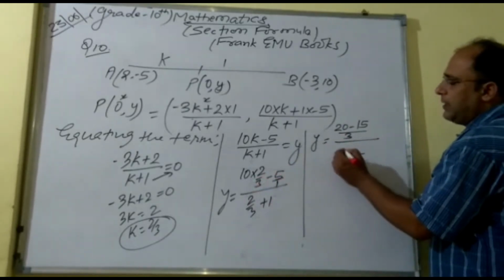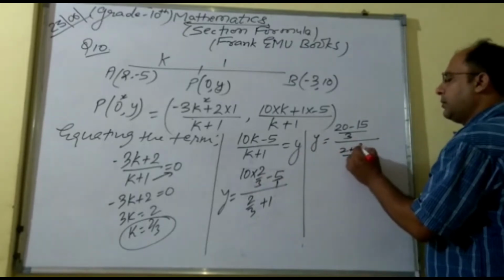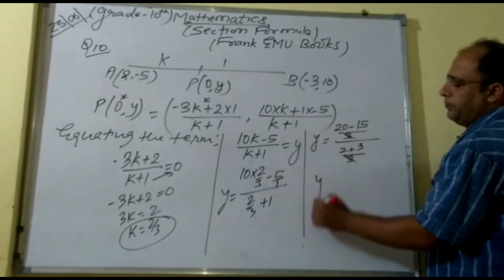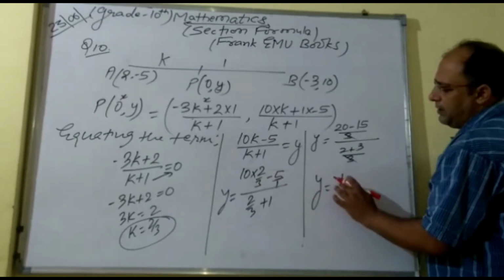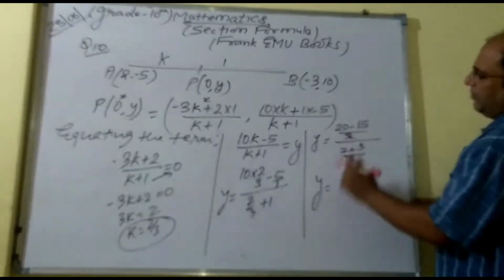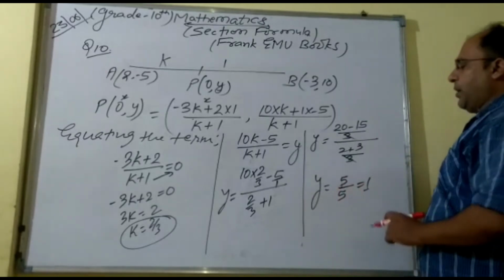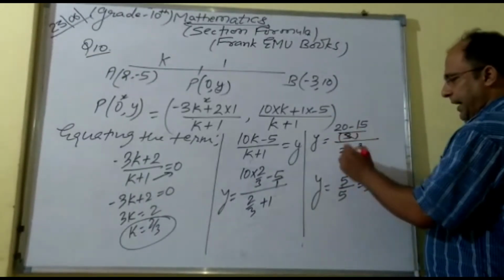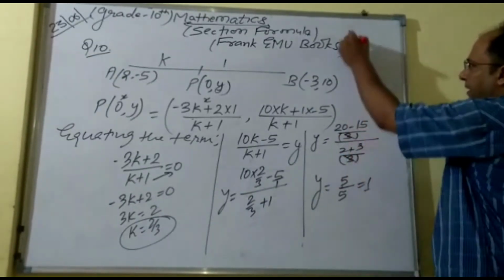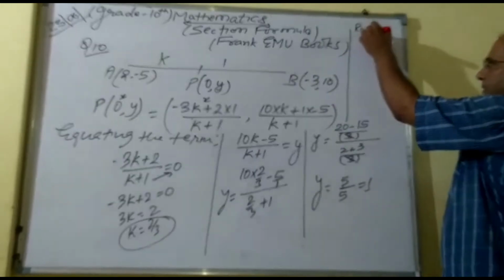Here again 3 LCM, 2 plus 3. Cancel, cancel. Now it is 20 minus 15, which is 5, upon 5, which is 1. Now I just want to tell you how I cancelled here. Very simple thing. Do this. Look at the rough work.